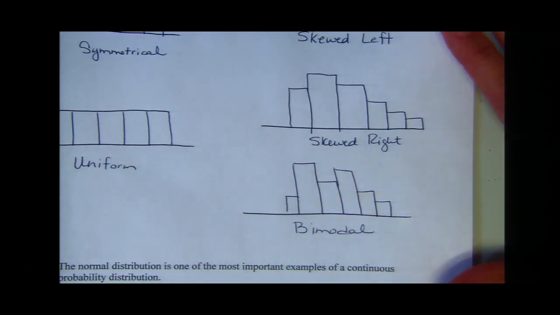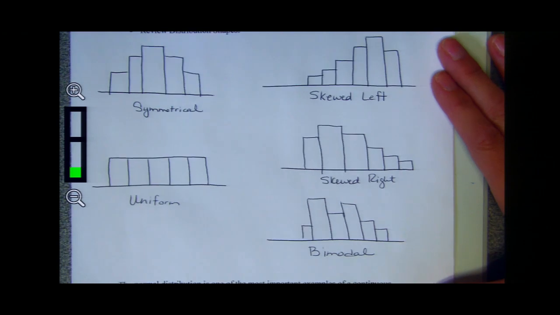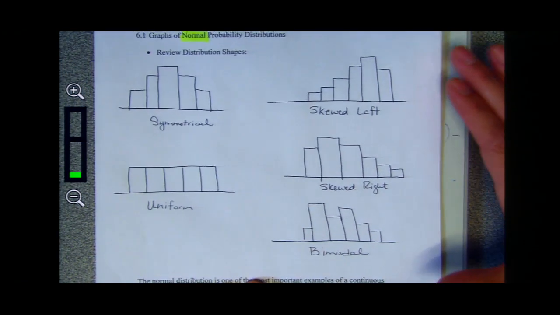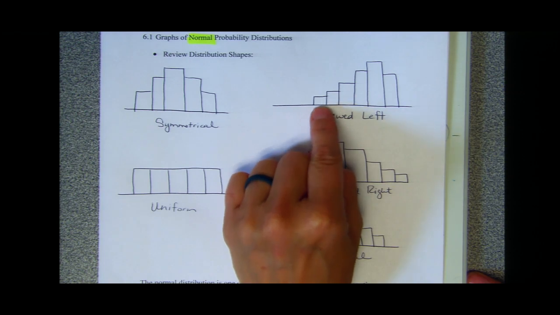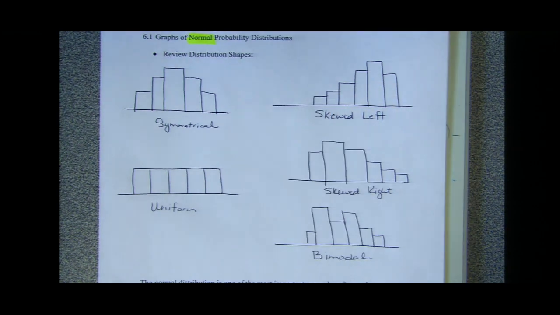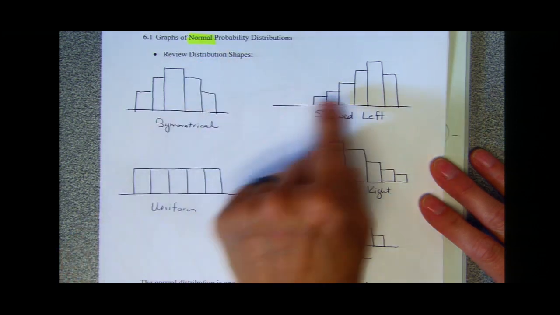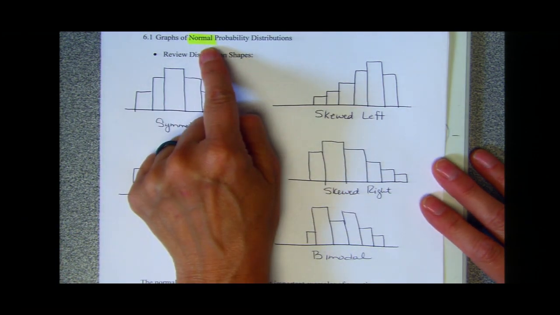Now, if you recall, each bar represents a frequency. The height of the bar was because of the frequency of the number of data values that would fall within that class. So one of these 5 is what is called the normal distribution.